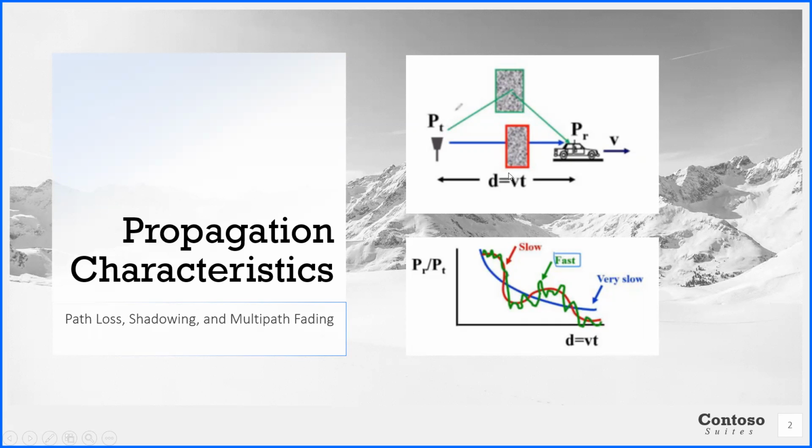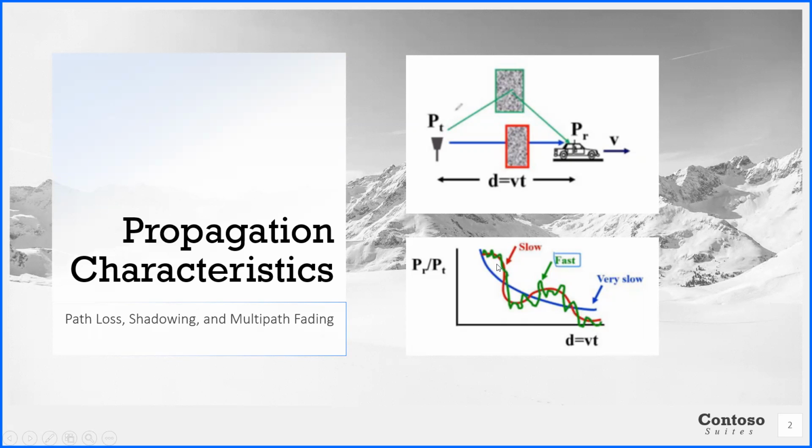And here, the red line indicates an item that generates a non-line-of-sight scenario for the signal. As you can see in the red line, the graph depicts a changing intensity of the power received, all because of these obstructions.